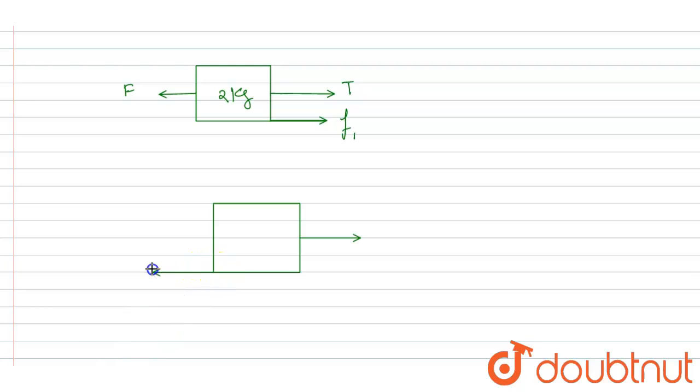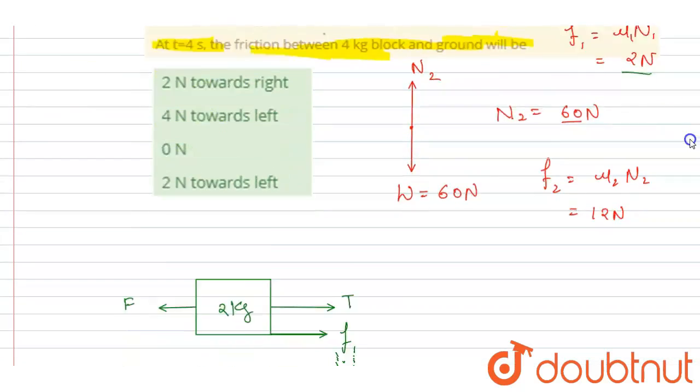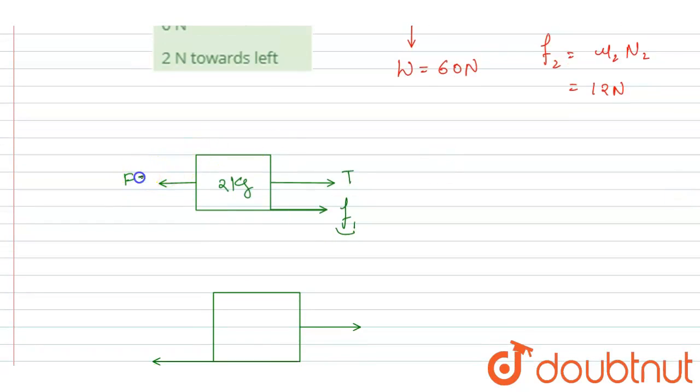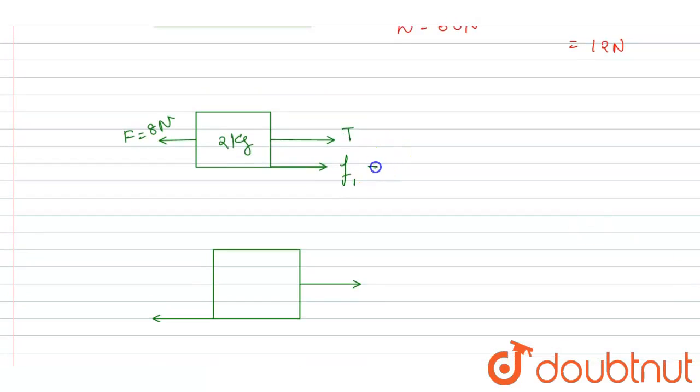First of all, we already know here the limiting friction will act, right? And the force applied is 8 Newton. And limiting friction here is equal to 2 Newton. And the tension you can calculate, right?